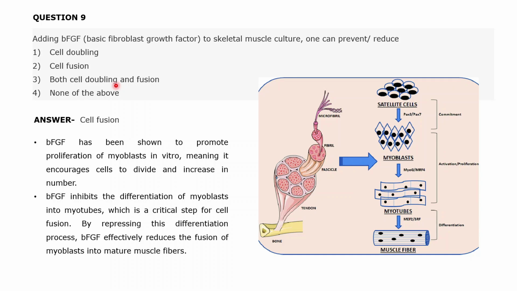It should not exceed a particular value, because the proliferation capability of fibroblasts is much higher compared to that of muscle cells, or myoblast cells. So the amount of fibroblasts introduced into a culture tissue or dish should be optimum, or much less than the muscle.